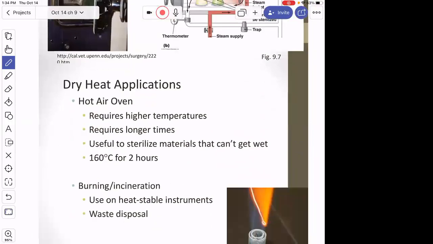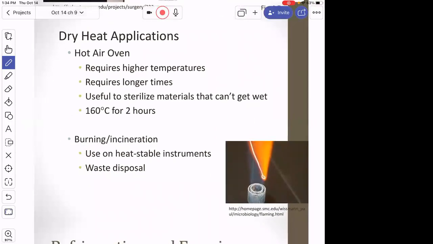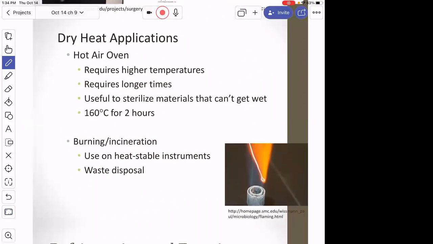Okay, so instead of moist heat, there are some applications for using dry heat, again, for something like oil that you can't get in contact with water. A hot air oven can be used to sterilize as well. It takes a longer time and it takes higher temperatures.